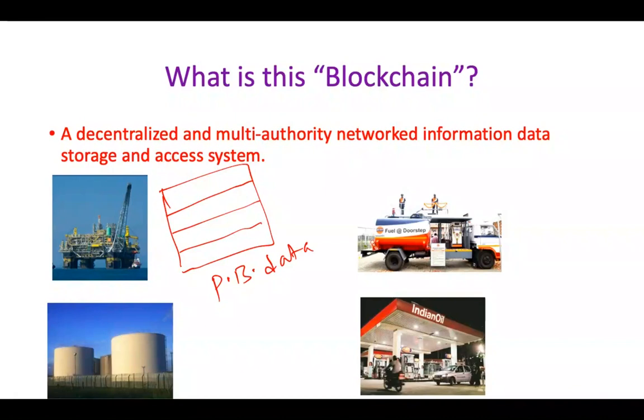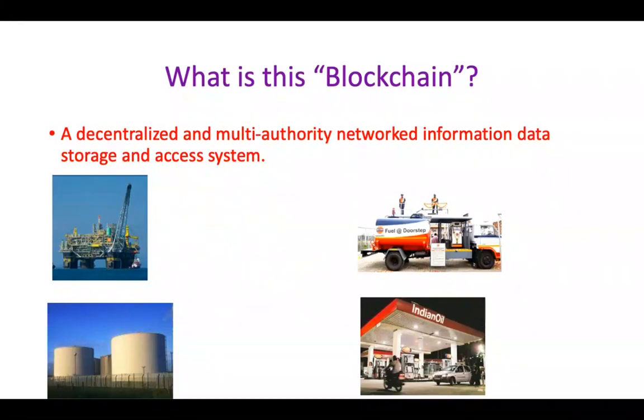So the database should be distributed. This means that every node in this network is connected to every other node on the same network. We call this a distributed database. That means your crude oil node is connected to every other node, and your crude oil storage is connected to every other node.